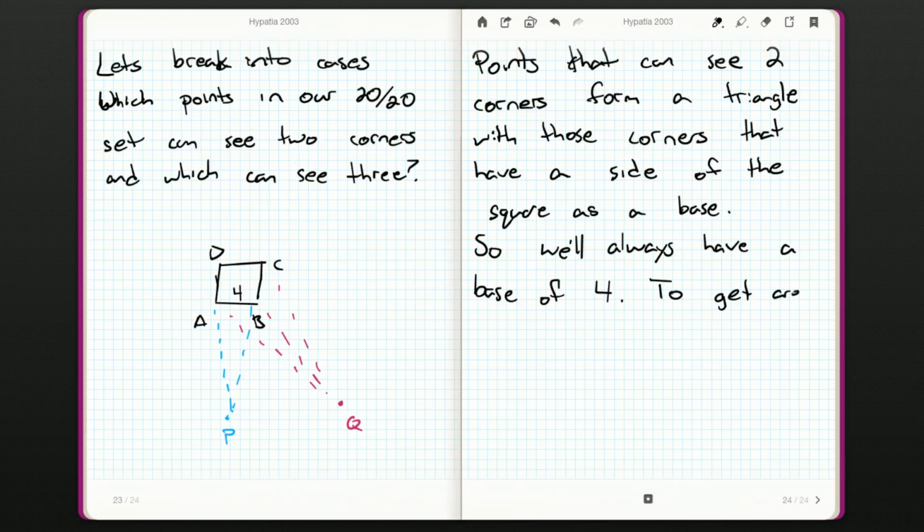To get an area of 20, stop and think. What do we need? We know we have a base of 4, and we're looking at a triangle, so what else do we need, and what else is fixed? Right, if we have a base of 4, the only thing that's left to determine the area of this triangle is the height. And the height must be constant, because the 4 is given.